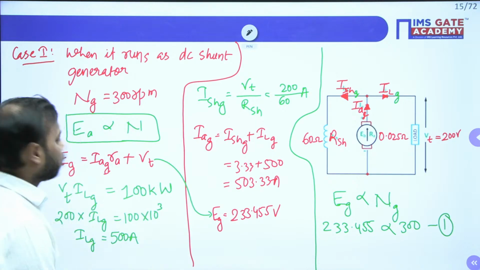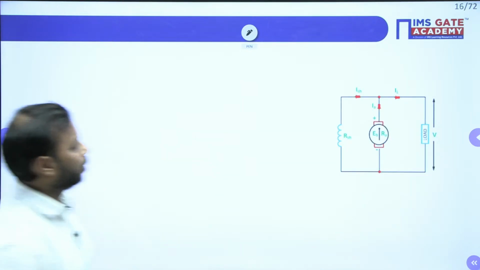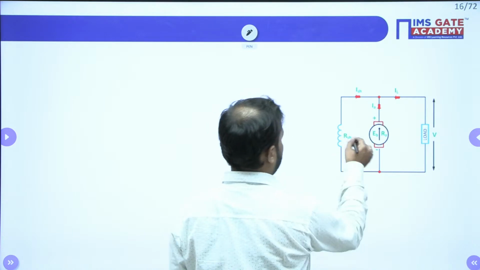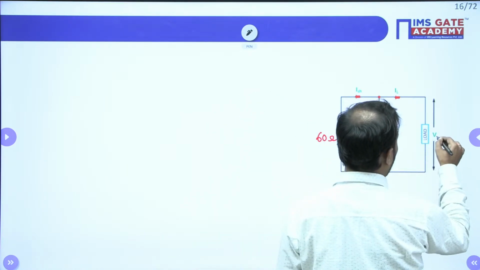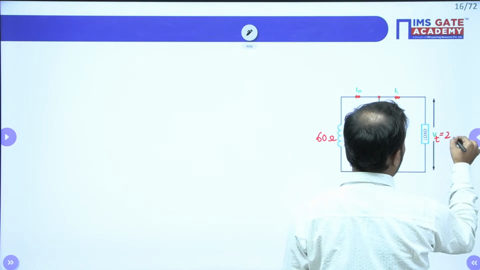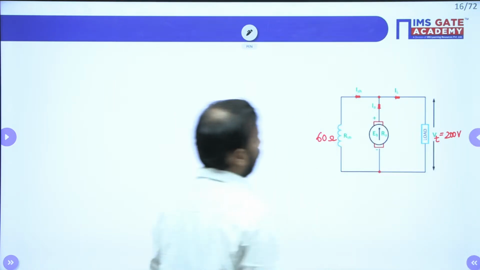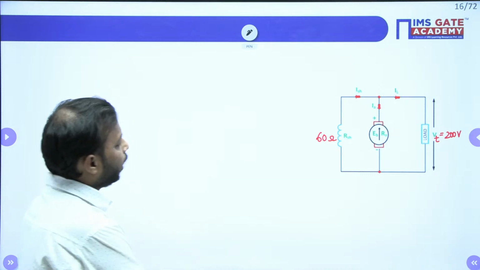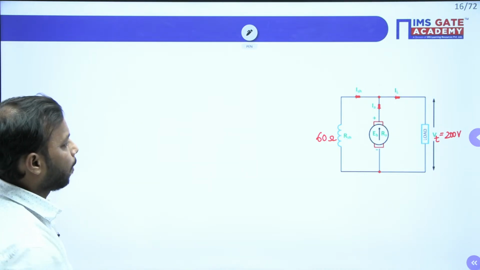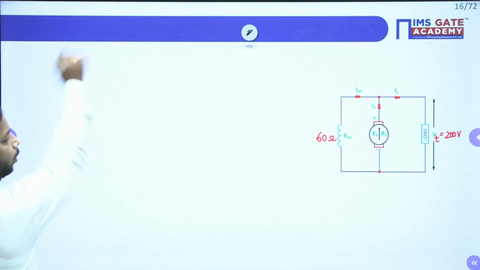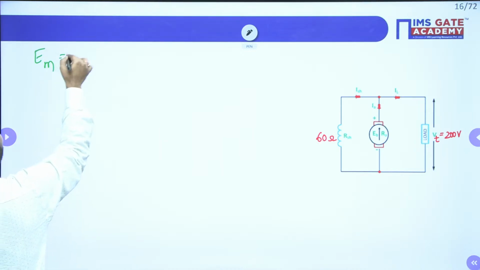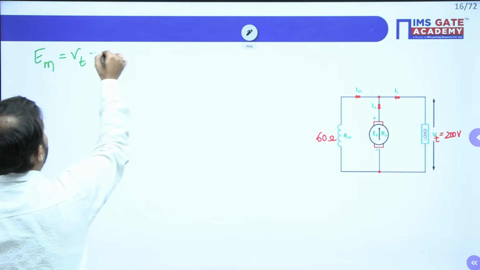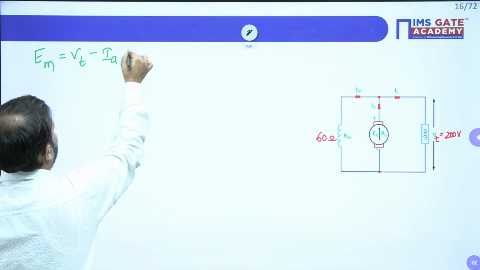Now let us go to the motor part. So here RSH is again 60 ohm. VT is 200 volt. And this time I need to calculate the speed. So definitely I require EM, the motor EMF, equal to VT minus IAM RA.